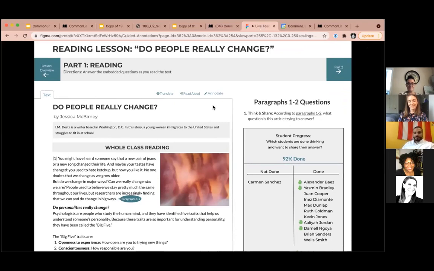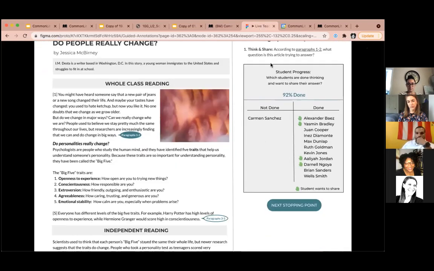So this first one that we're looking at is a monitoring tool that allows teachers to see informative snapshots in the moment. So this first one shows you which students are ready to share. So it gives you progress monitoring, which students are done thinking and want to share their answer. So if you see this green hand, those students are ready to share.